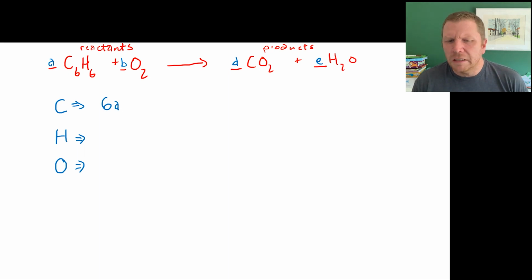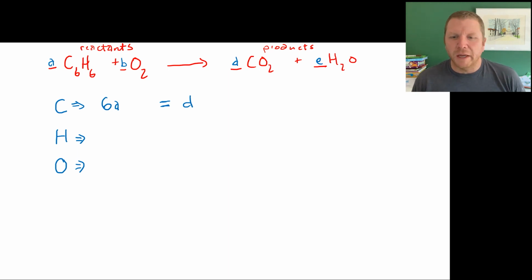So I'm going to write 6A is equal to, so this sums up all of the carbons on the left-hand side of my reaction. I'm going to set that equal to 1D, or simply the lowercase letter d, because my first product, carbon dioxide, has only 1 carbon in it. Now my next product, H2O, has no carbons. So my first equation is 6A is equal to D.